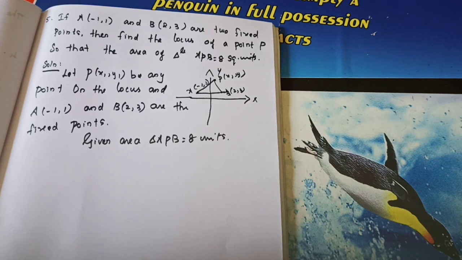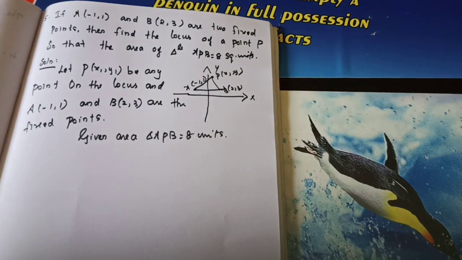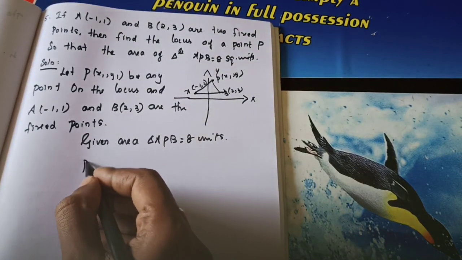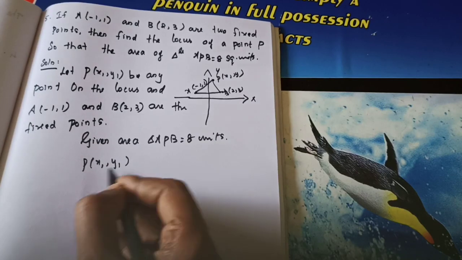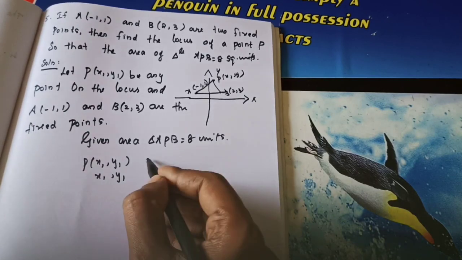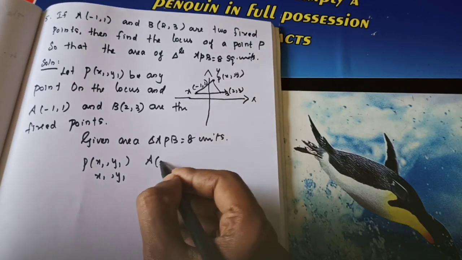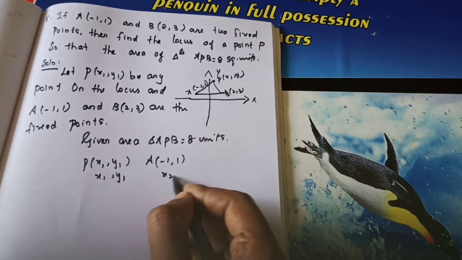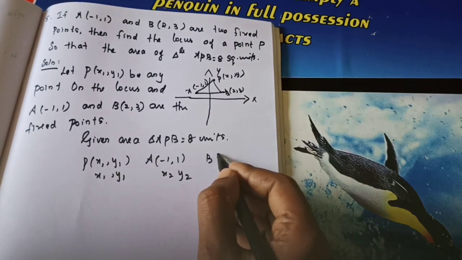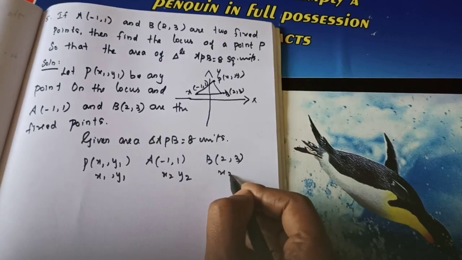First, consider all the coordinates. P of x1, y1: consider this as x1 comma y1. Then the A point, minus 1 comma 1, this is x2, y2. Then the next one, B point 2 comma 3, this is x3, y3.